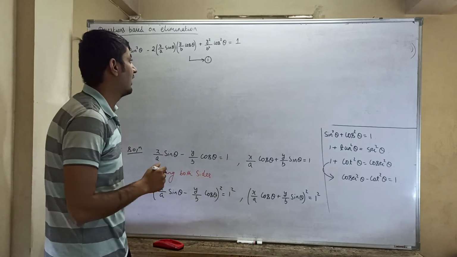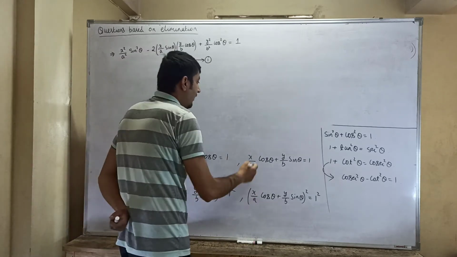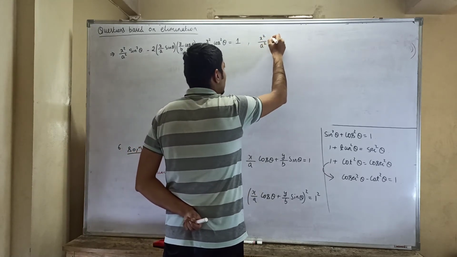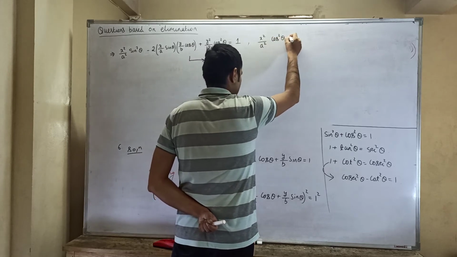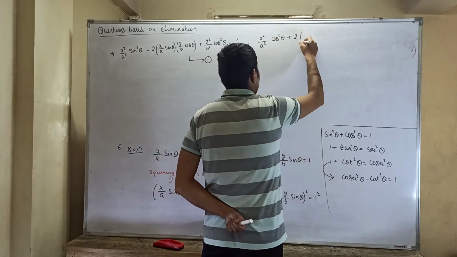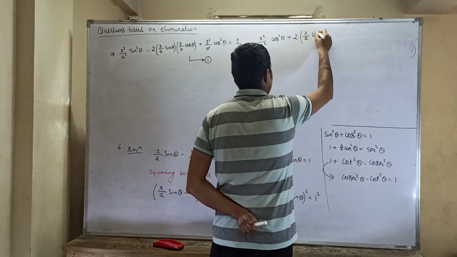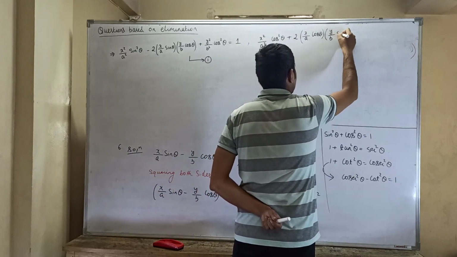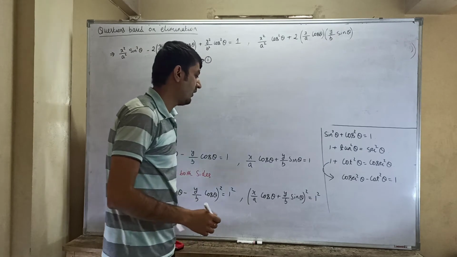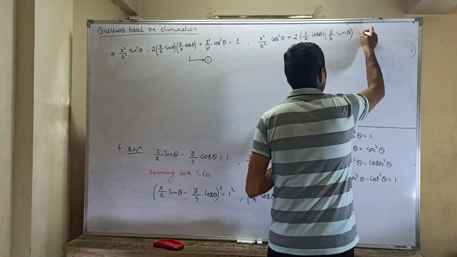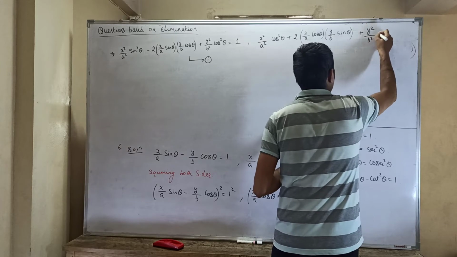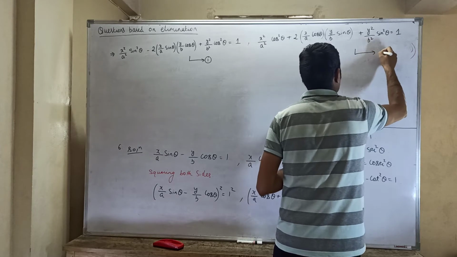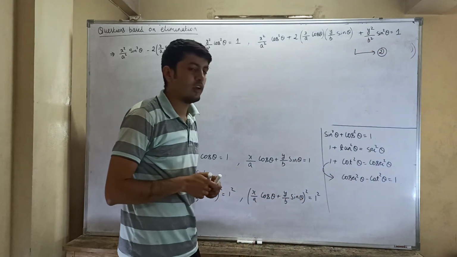So you will be getting here x square by a square cos square theta plus 2 times x by a cos theta into y by b sine theta, and the last part will be plus y square by b square sine square theta is equal to 1. This is your equation number 2.